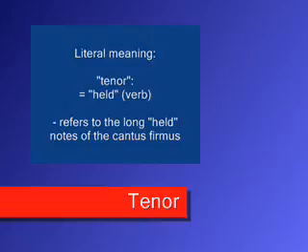Tenor has nothing to do with being above or below something, with being high or being low, but in fact the word tenor comes from the Latin or the Italian verb tenere, which means to hold, and it therefore means held. If you had not taken this course with me, you would have a great deal of difficulty understanding what is actually held and to what this word actually refers.